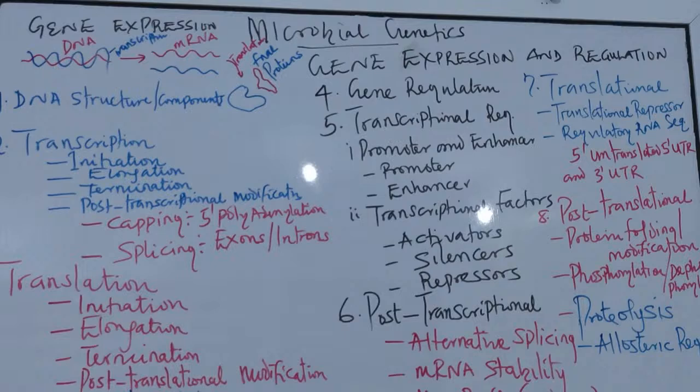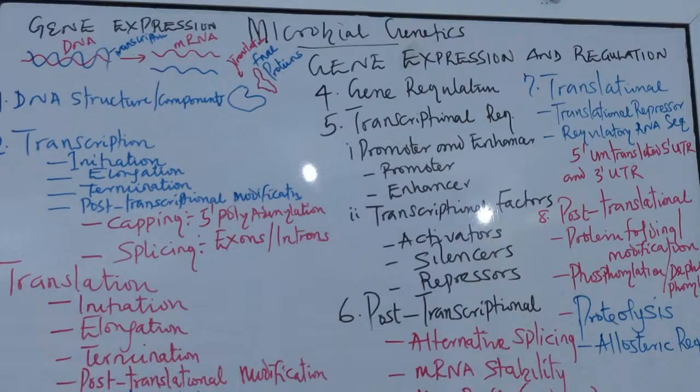The unwinding of the DNA leads to the stage of elongation, and at that point the RNA polymerase will synthesize uracil to replace thymine in the case of RNA. That one will now lead to the last stage, termination.